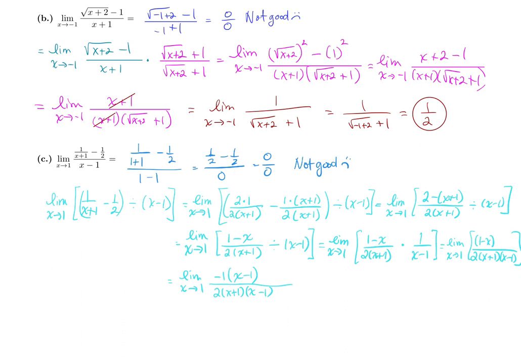We have an x minus 1 over an x minus 1, so we can reduce those out. Now we're just left with the limit as x approaches 1 of negative 1 over 2 times x plus 1. Now we can simply plug in the 1. So we get negative 1 over 2 times 1 plus 1, which is 2, or a negative 1/4.